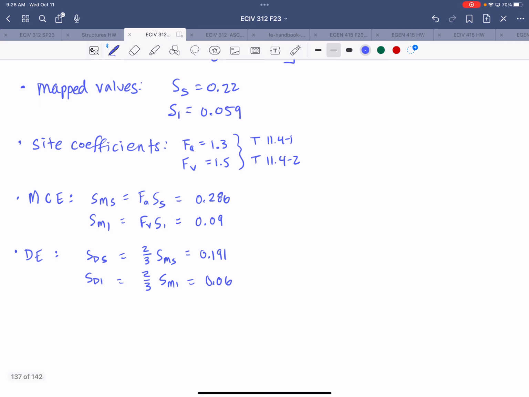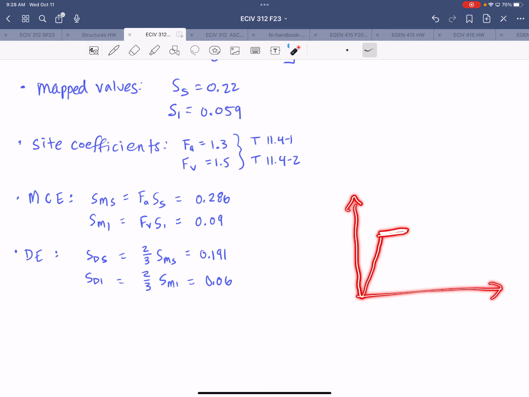All right, so now that we have determined the design earthquake, it's just these two parameters that define that earthquake, and remember what those represent. You don't have to know too much about this for this class, but SDS represents the plateau of the response spectra, and SD1 represents the 1 second response. So it represents these two locations on that design earthquake spectra.